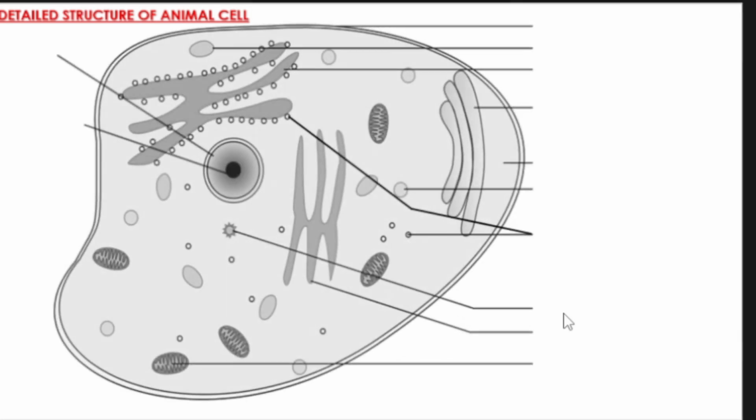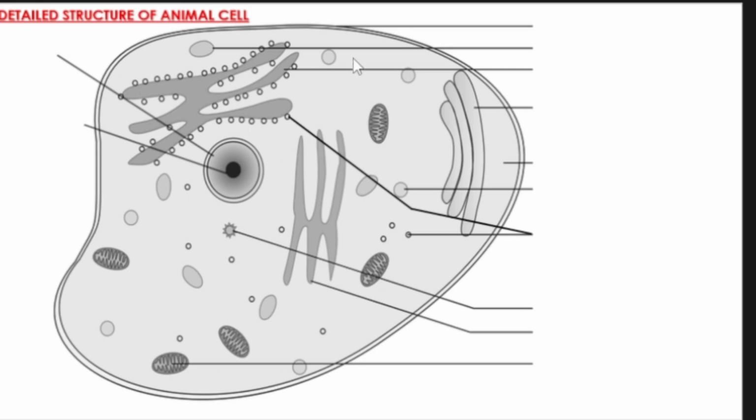This is how an animal cell would look when observed under an electron microscope and drawn on a piece of paper. It has a lot of parts, and some of them you are already familiar with from grade 8 integrated science. So we'll begin by naming those parts.